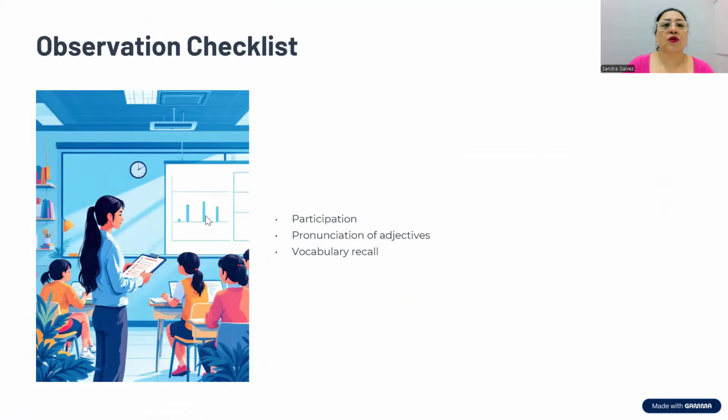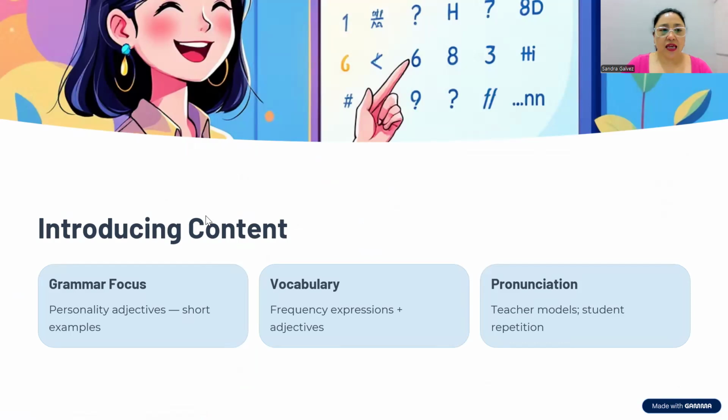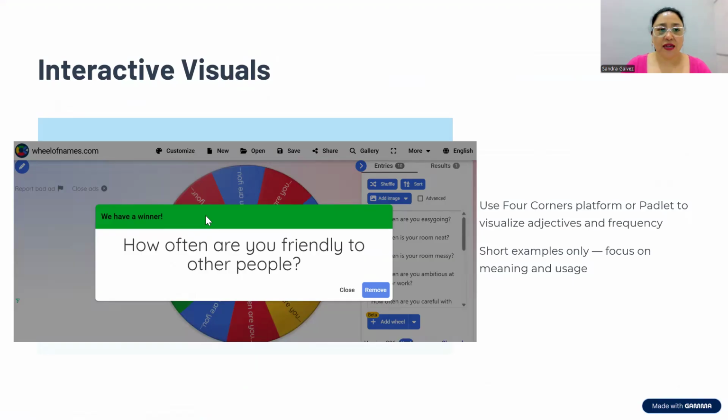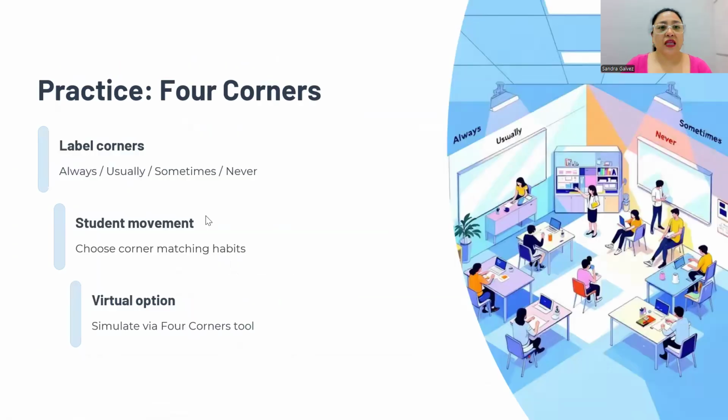During the process, as teachers, we can use an observation checklist for participation, the pronunciation of adjectives, and vocabulary recall. Then, when we introduce the grammar content, how often and frequency adverbs, we can pass to the assessment phase through an active game.